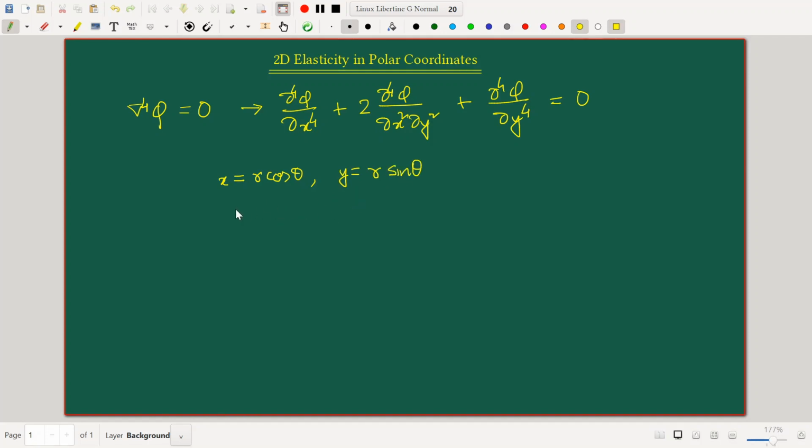If we have these, then we all know that we have x square plus y square is equal to r square, and y by x is equal to tan theta.